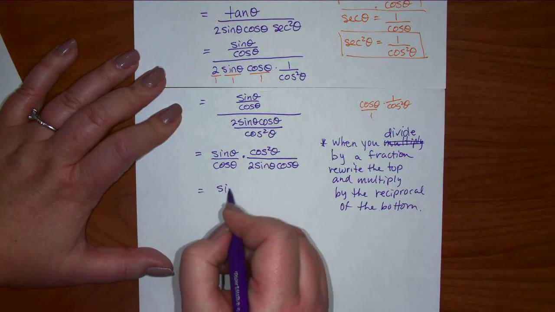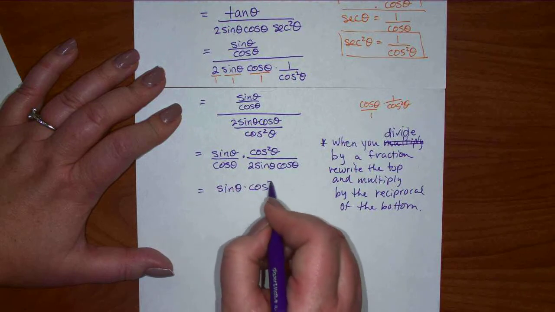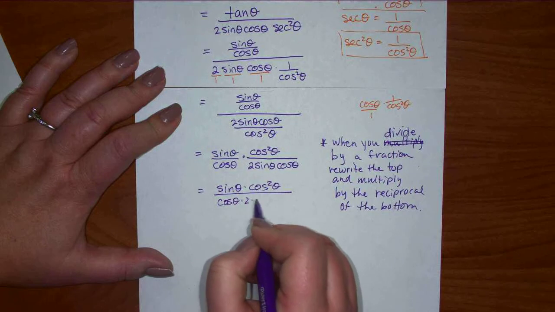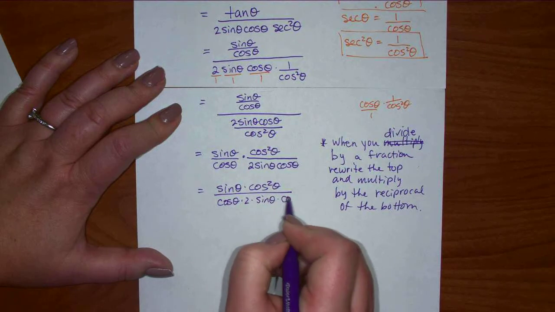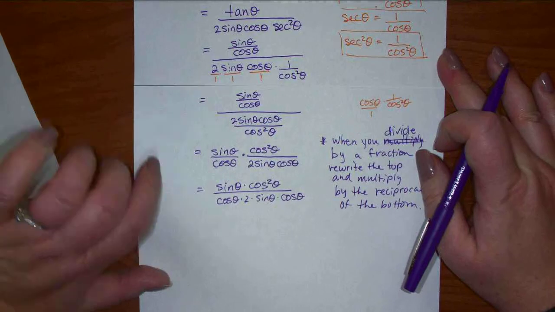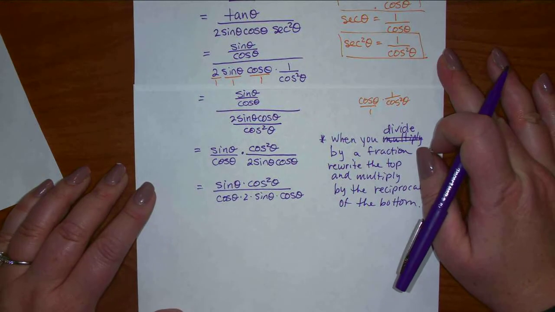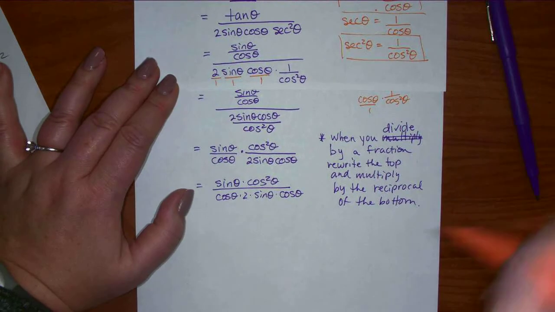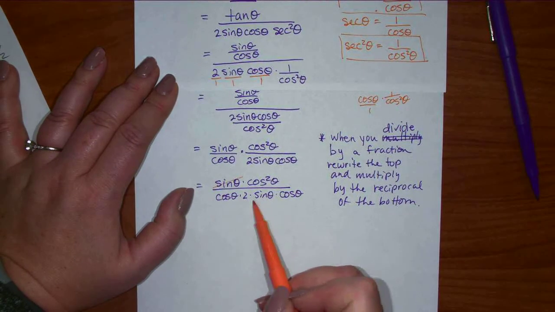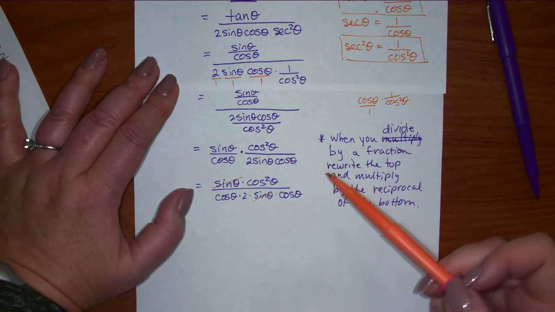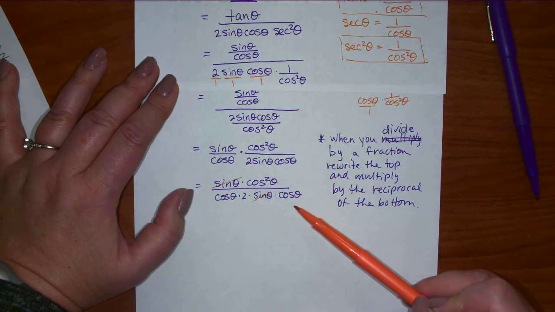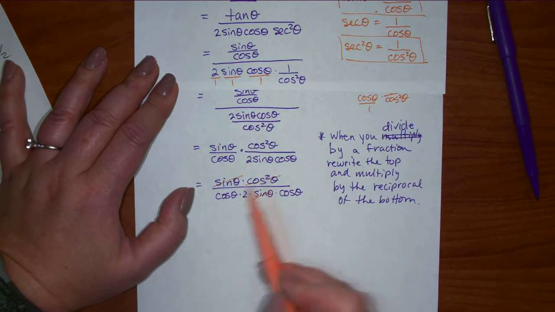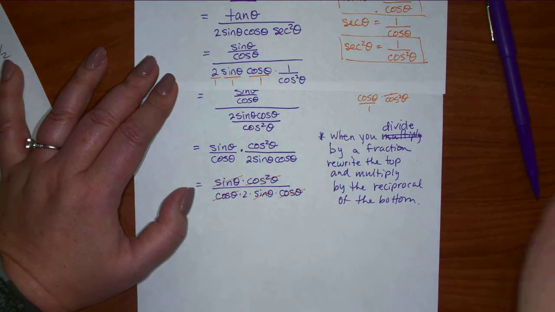So we've got one very big long fraction, sine and cos squared on top, cos times 2 times sine times cos on the bottom. So what cancels? So this and this, yeah, actually. How many coses are on the bottom? So cos squared, and we've got a cos squared on top. So what do we have left? 1/2.